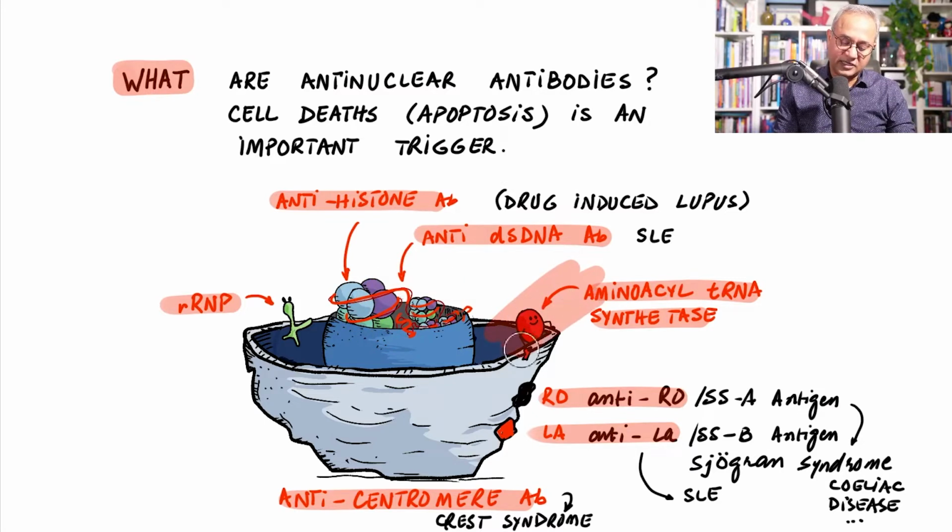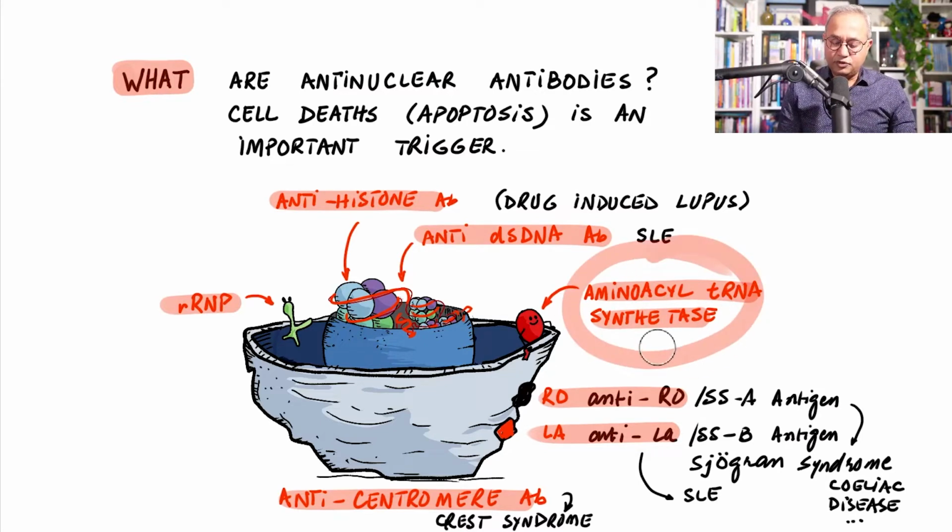They can actually target antigens that are in the cytoplasm. Examples are RNP, ribonucleoprotein antigen complex, or aminoacyl transfer RNA synthetase. Synthetase means something that makes it. Transfer RNA is a kind of RNA present in our cytoplasm, and it helps the ribosomes make proteins from messenger RNA.